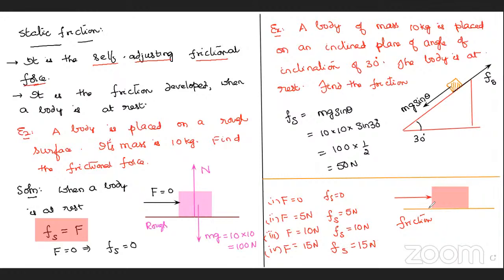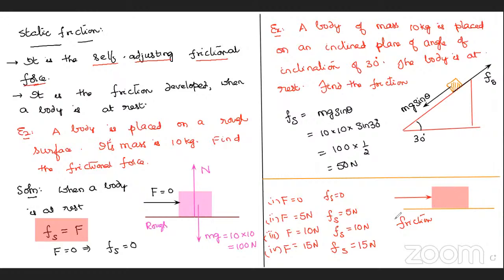Why? Because the body is still at rest by applying 15 newtons. But if I apply 15.1 newtons, it comes into motion. That's why it is the maximum force that you can apply when the body is at rest.